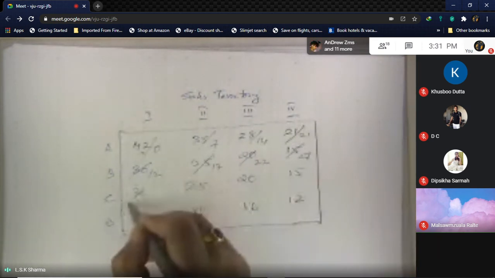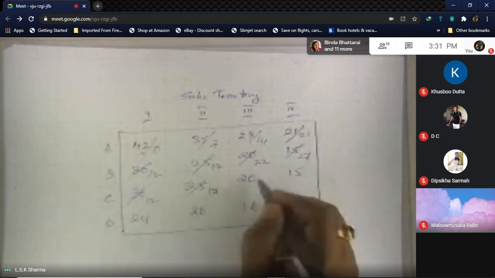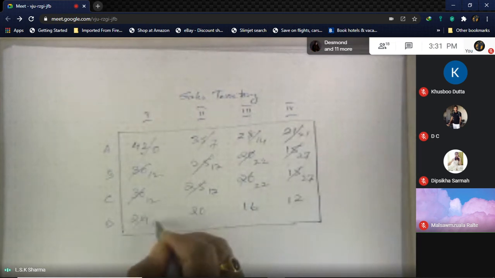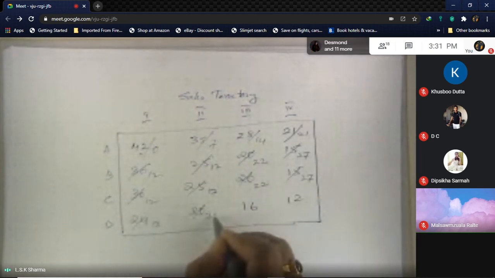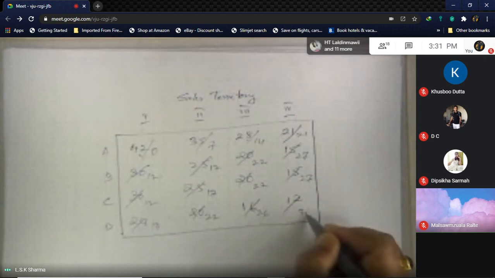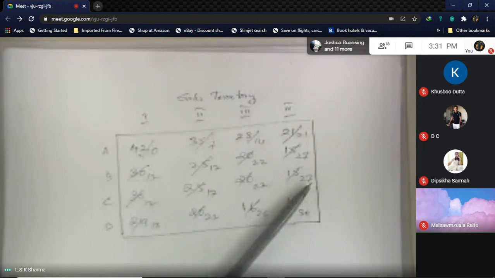And here also 12, 17, 22, and 27. And here 18, 22, 26, and 30. Now you solve this as an assignment problem.